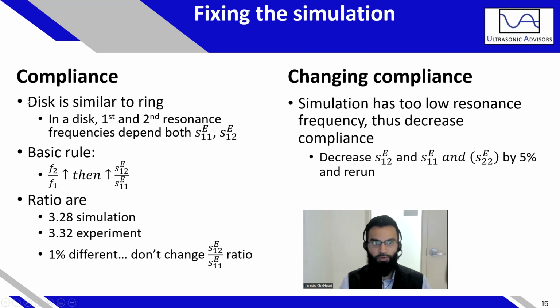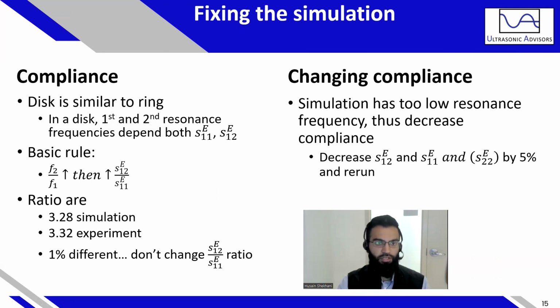The elastic properties. A solid disk is very similar to a ring, and in a disk the first and second resonant frequencies depend on both S11 and S12. I go over the equations for a disk in one of my videos: how do you calculate properties for a disk, and what are the equations?